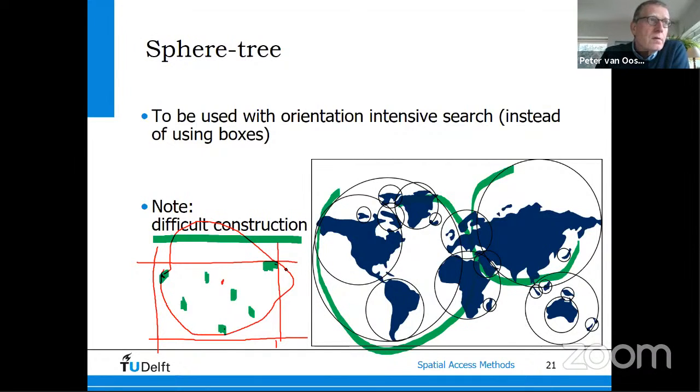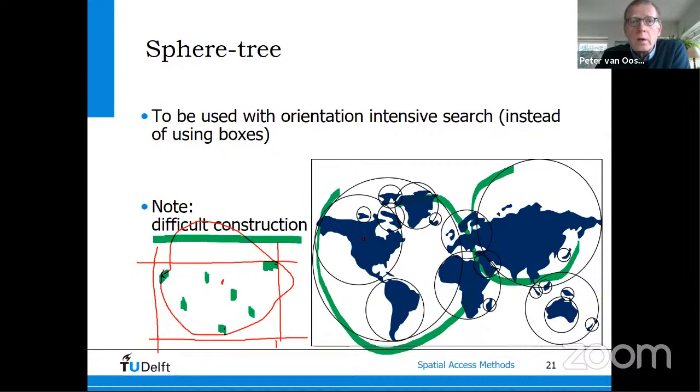Okay, in 2D, for the minimum bounding rectangle, I need 4 numbers to describe them, x min, y min, x max, y max. For the minimum bounding circle, I just need 3 numbers, x center, y center, and the radius. That means more compact, and more compact is faster.